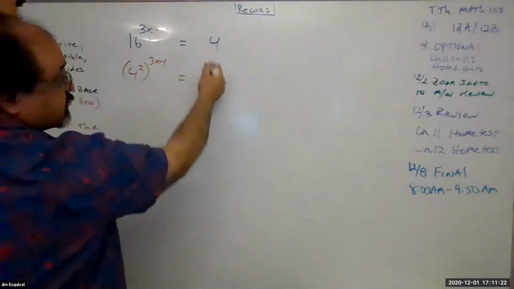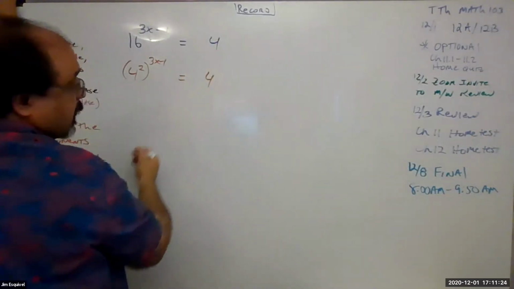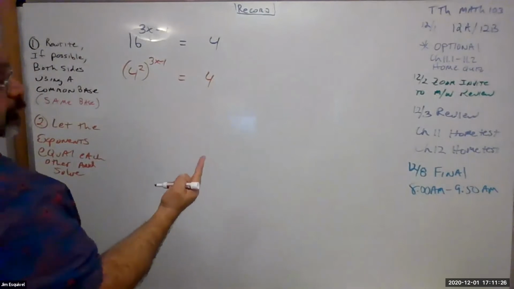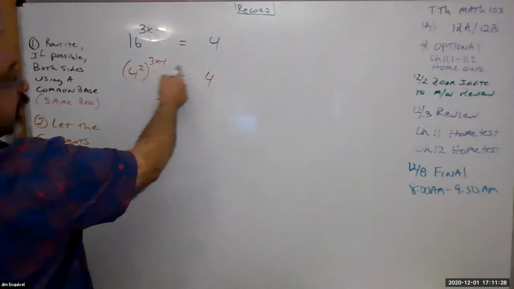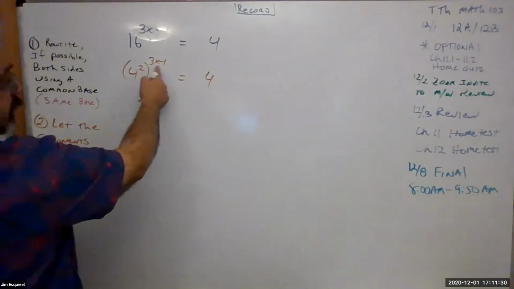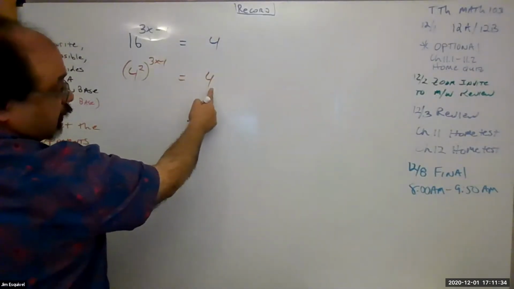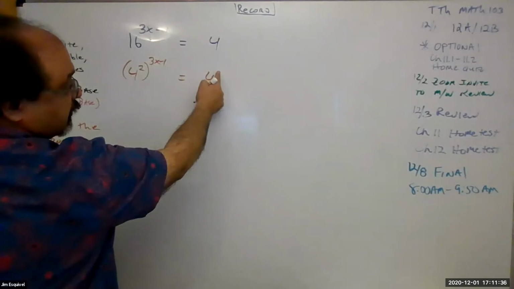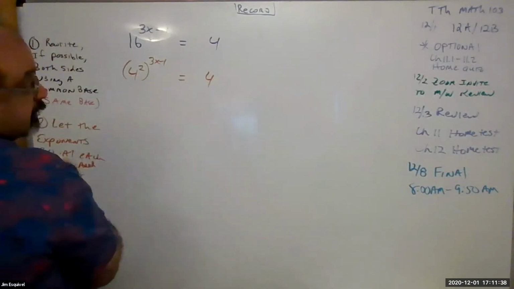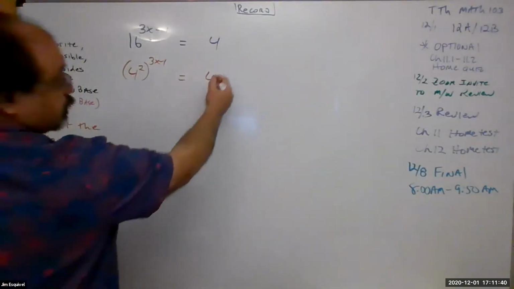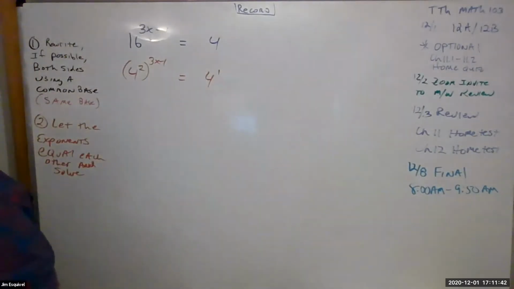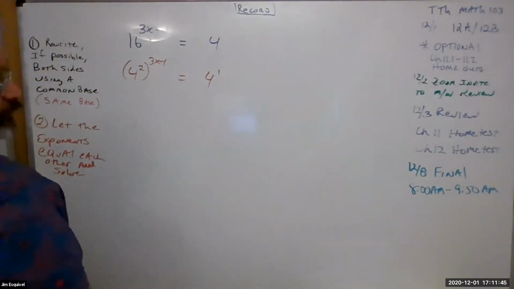And then this is 4. Now, here's what you got to think about. You're going to let the exponents equal each other. So on this simple 4, what is the exponent that's right here that you don't see? 1. Perfect. That's 4 to the first when you just have a 4 by itself.